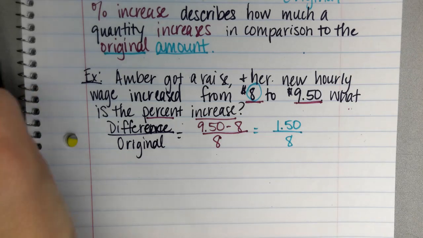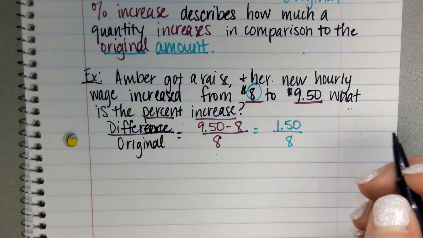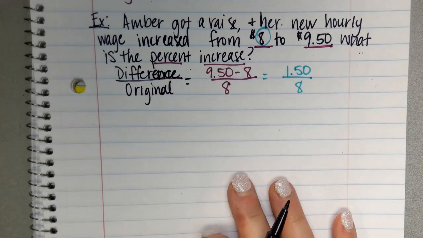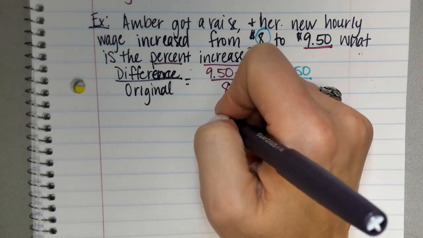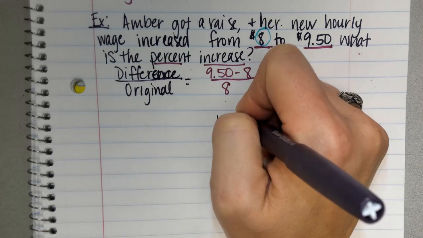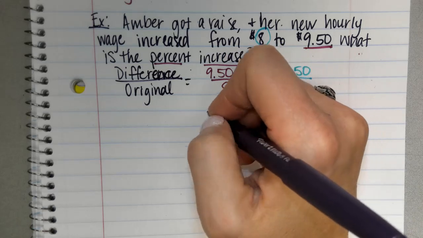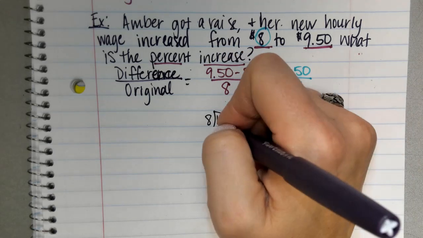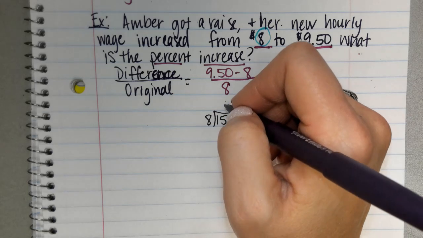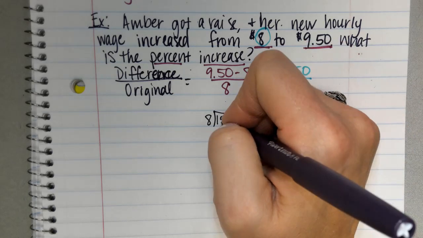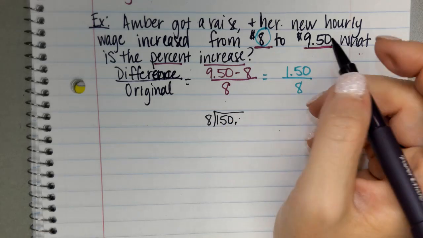So now we have a division problem. We have 1.50 divided by 8, or 1.5 divided by 8, excuse me.